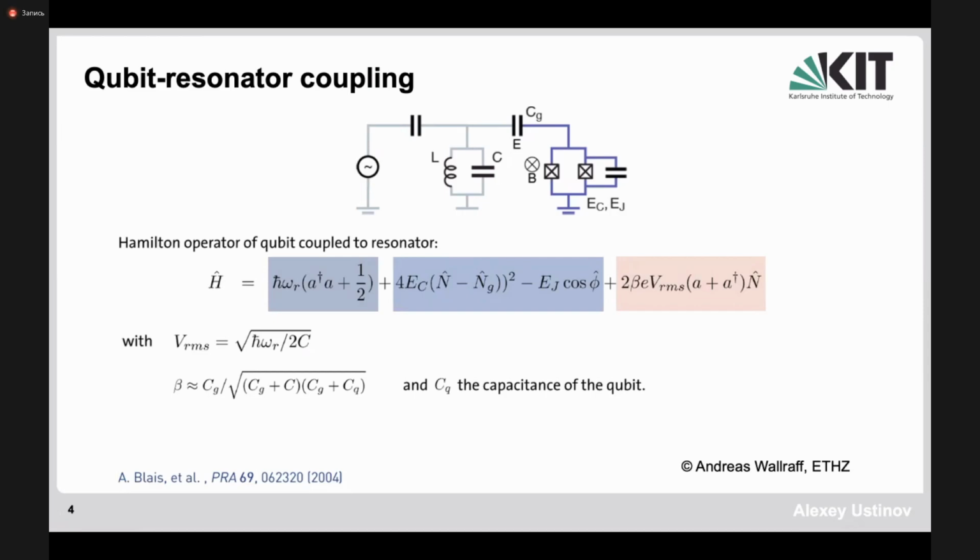And the coupling parameter beta is associated with the ratio of the capacitances. In particular, you have the ratio of the coupling capacitor C_G to the square root of the product of C_G plus C and C_G plus the qubit capacitance. This can be figured out very easily from calculating the amplitude of the electric fields.